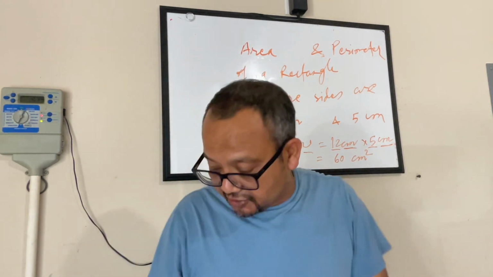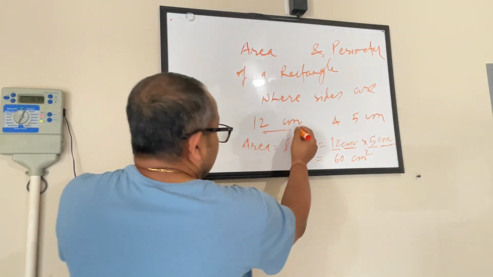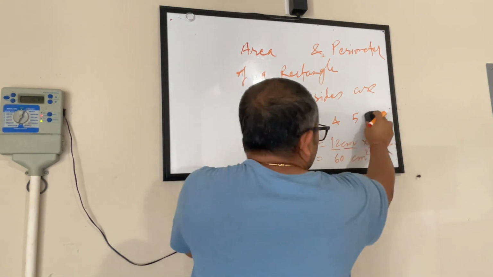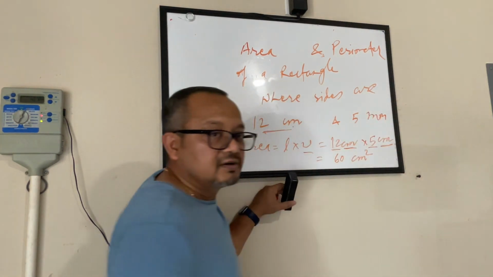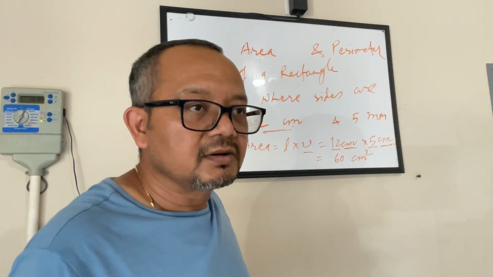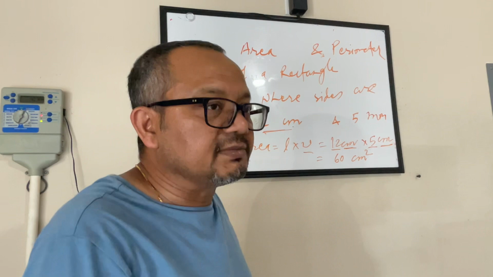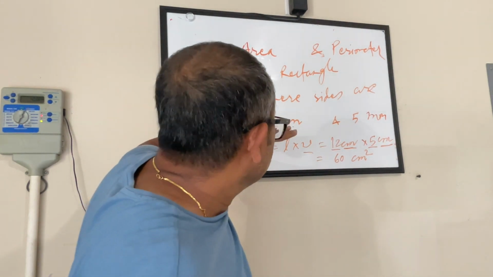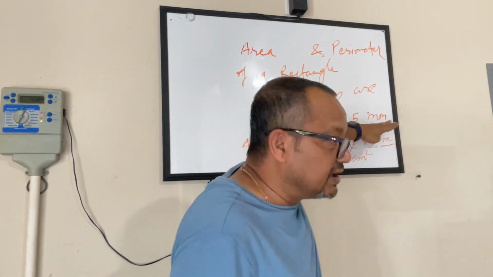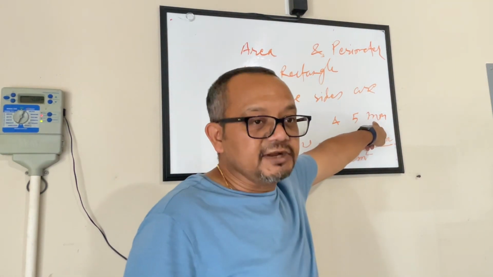People might trick you by giving a slightly different question. Say, okay, fine. Length is 12 centimeter and width is 5 millimeter. If you ignore the unit, you will go completely wrong.